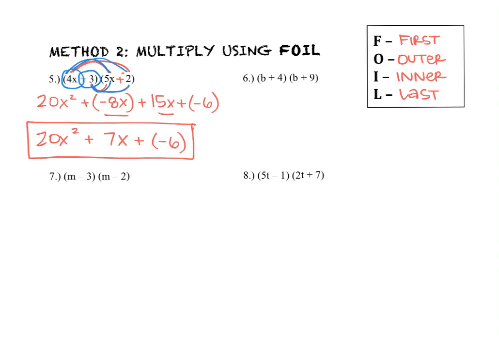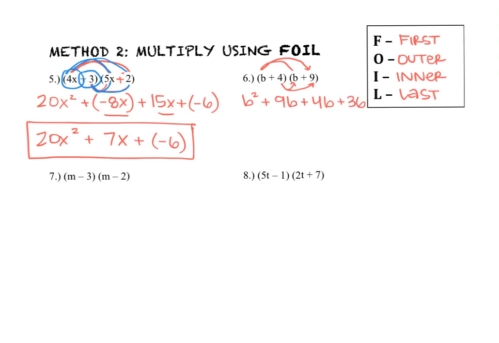Number 6, I do the first term. So this would be b times b, which is b squared. Then I have b times 9 when I do the outer term, so that's 9b. Then 4 times b when I do the inner terms, and then 4 times 9.